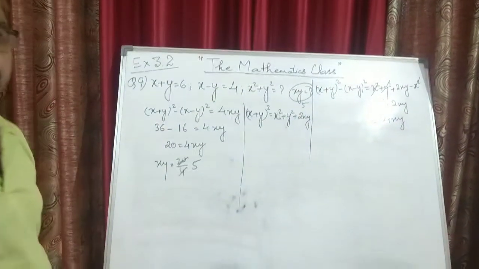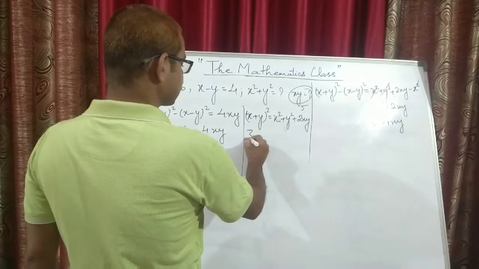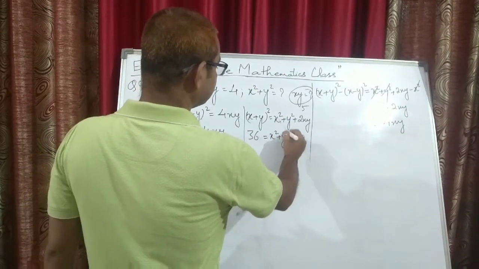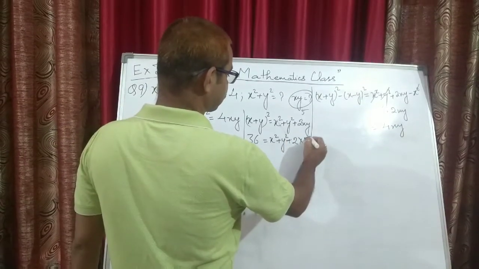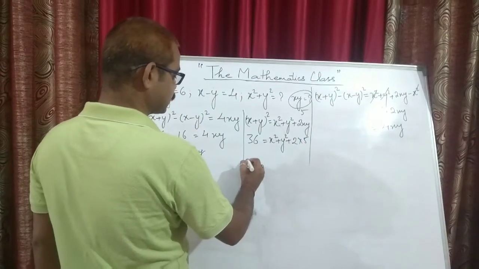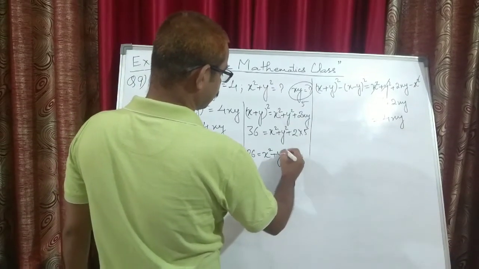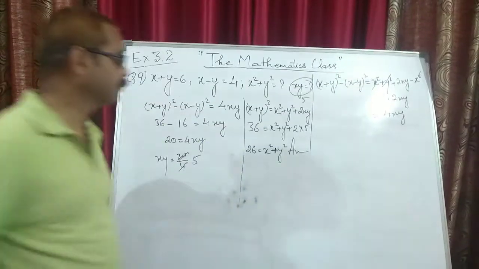A plus b whole square is what? A square plus b square plus 2ab. So that is what? Now 6 square is 36. X square plus y square we have to find out. Plus 2xy is 5. 2 into 5. So that is 10. 36 minus 10 is 26 is equal to x square plus y square. That is the final value.